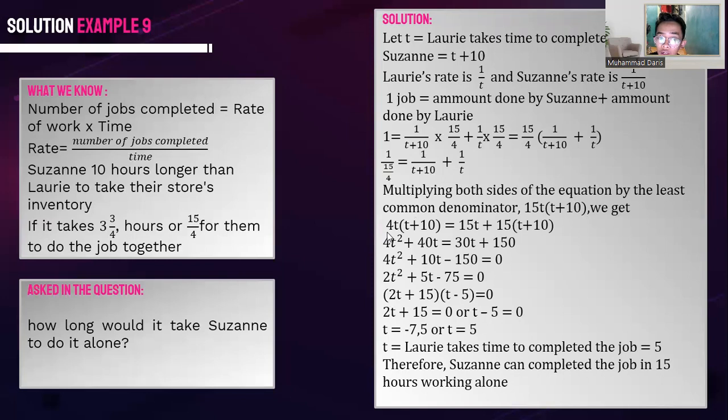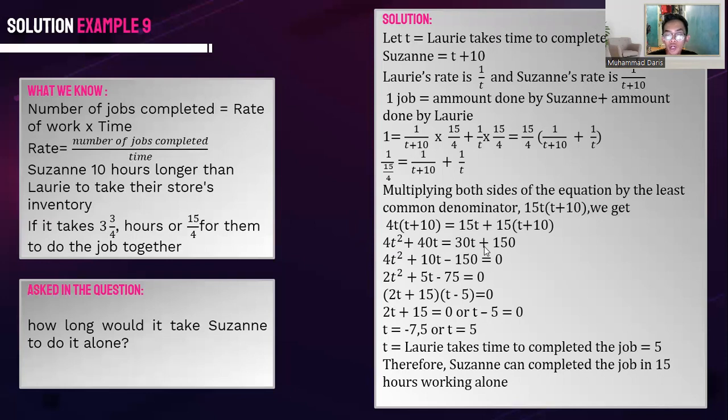We get 4t(t plus 10) is equal to 15t plus 15 times (t plus 10).